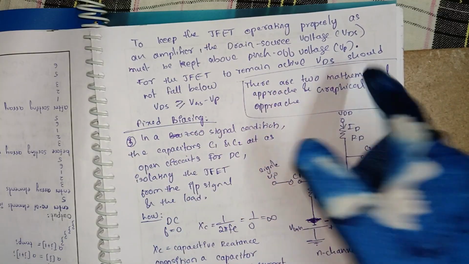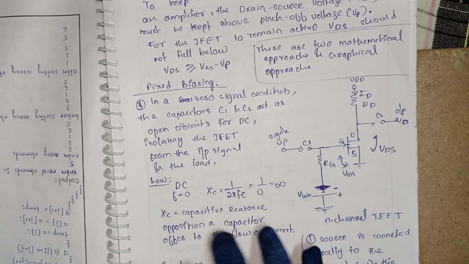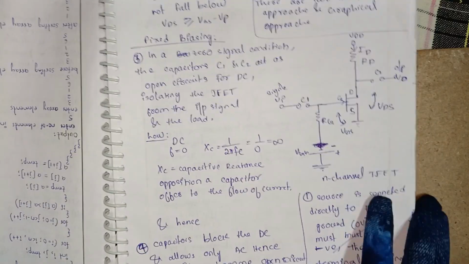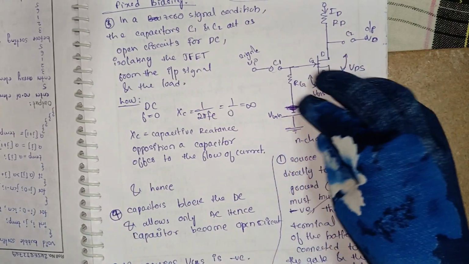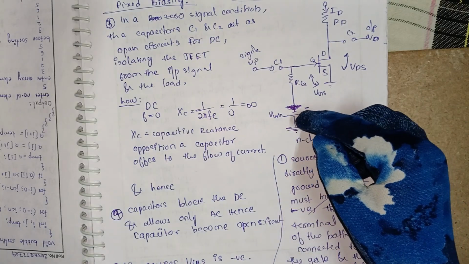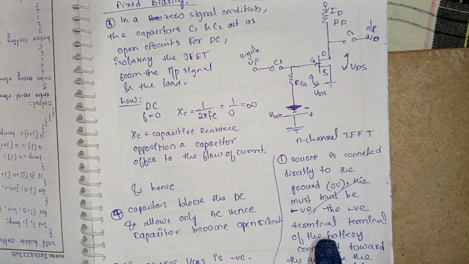There are two types of approaches: mathematical approach and graphical approach. We will see them in the biasing techniques, starting with fixed biasing. First we understand this diagram. The source is connected directly to the ground.